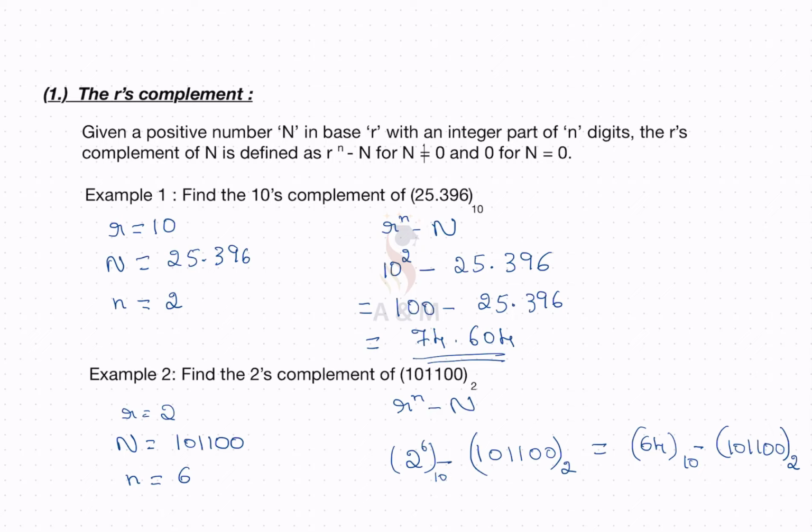That is equal to 100000 minus 101100 to the base 2, which is equal to 010100 to the base 2, which is the answer.